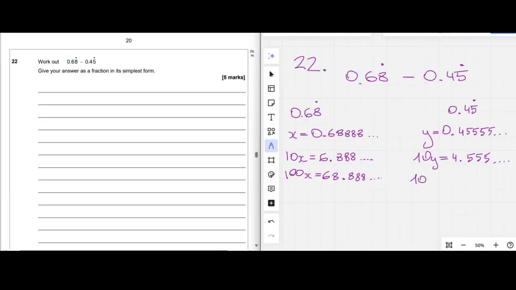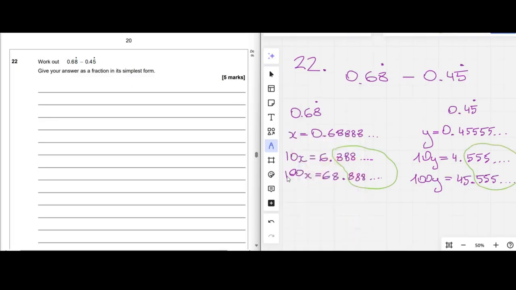And 100y is again another point, 45.555. And we did that to make the same decimal parts on each. So this is just 888 and this is just 555.